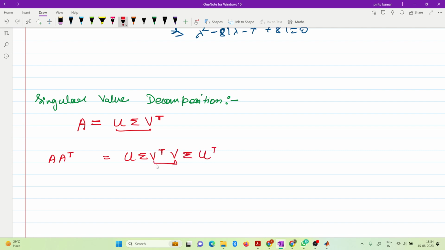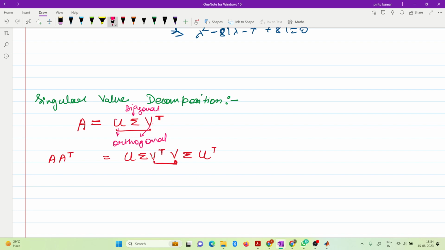One property I wanted to mention is that U and V are orthogonal matrices again. So we try to split A such that U and V are orthogonal matrices and sigma is a diagonal matrix. This is what we want.